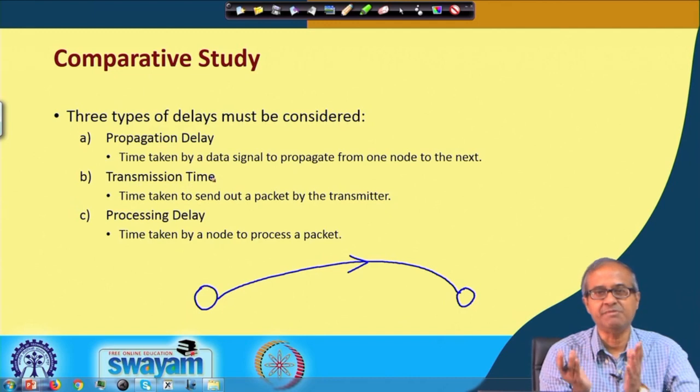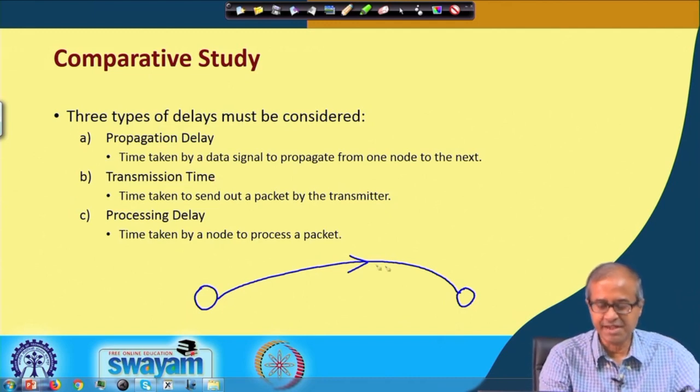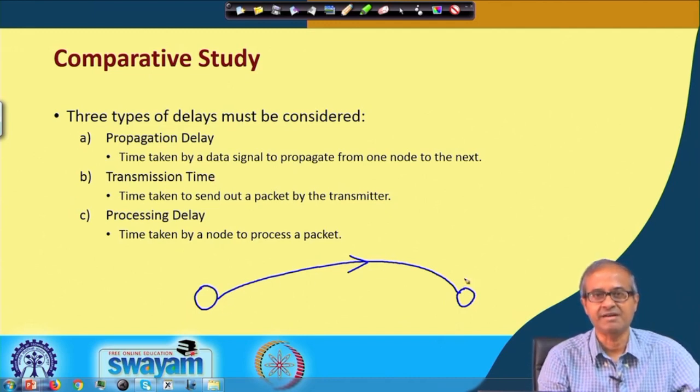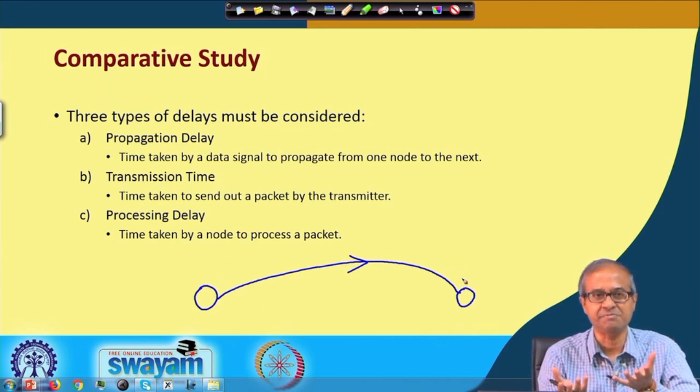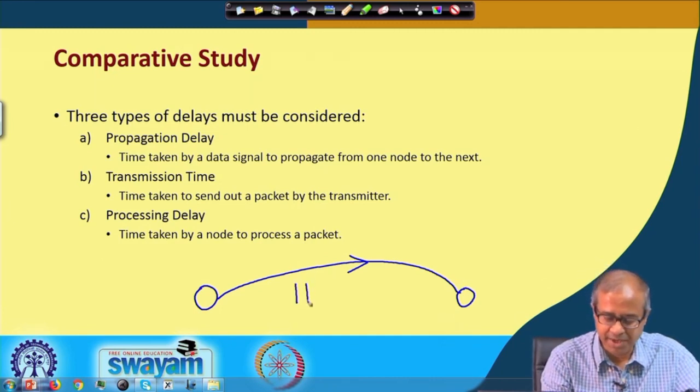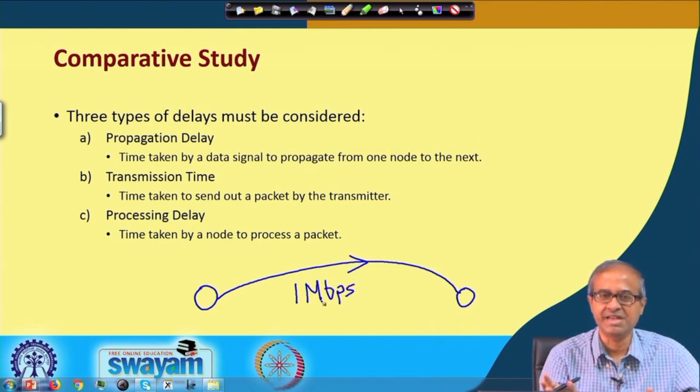But transmission time is different. Transmission time depends on the bandwidth of the link. Links are categorized by speeds: kilobits per second, megabits per second, gigabits per second. Suppose it is a 1 megabit per second link, 1 Mbps. So, 1 million bits can be sent per second. If you are trying to send 1000 bits, how much time will it take?